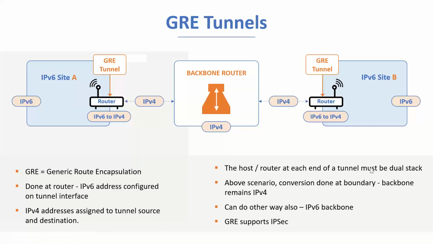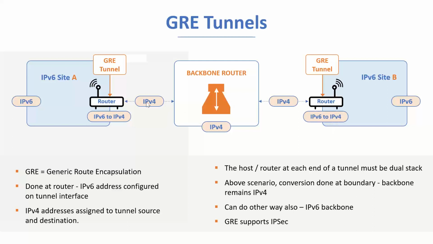As I said, when I was working with people a while back, one of the things we used to do, which is relatively secure and which used to be something that we would talk about, is using GRE tunnels. You can use generic route encapsulation, and that's done at the router level. You can configure it on the tunnel interface.